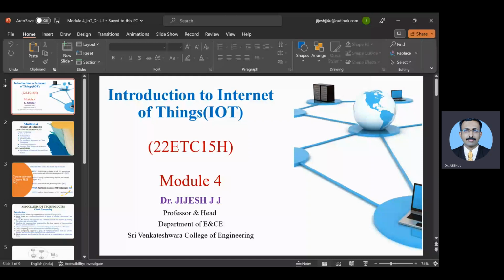All those things we discussed in module 1, that is CO1. What is CO2? Classify various sensing devices and actuator types, where we have discussed sensors and actuators, what the different sensors are and what their applications are.